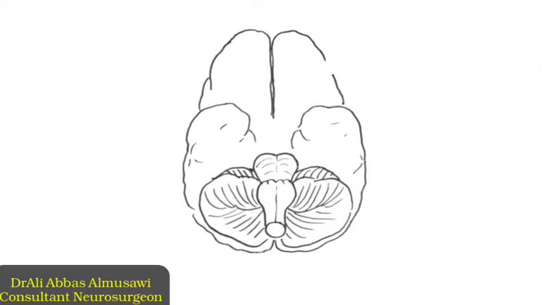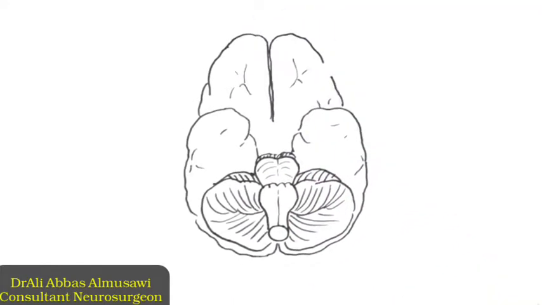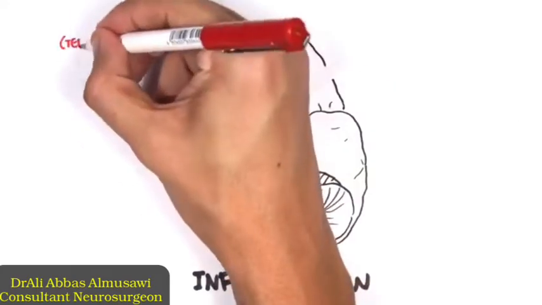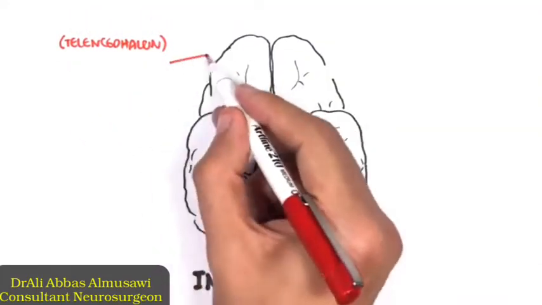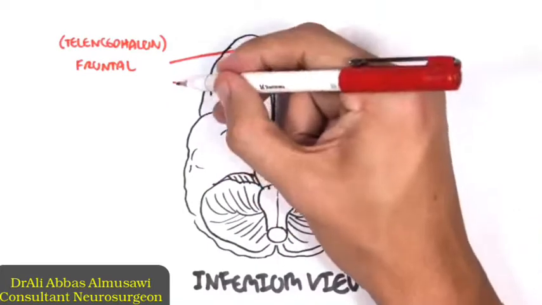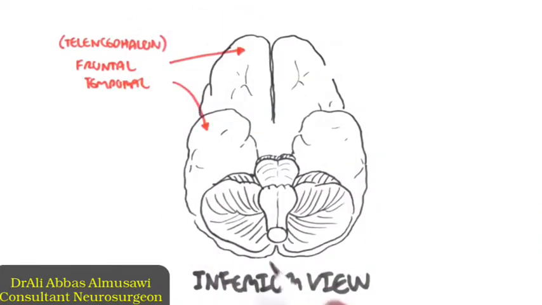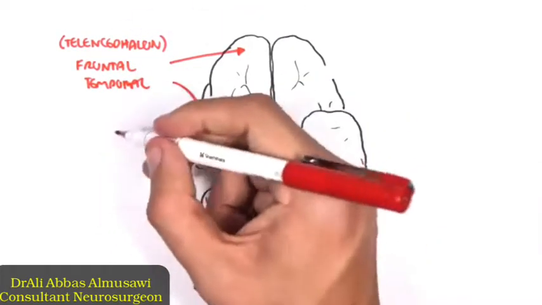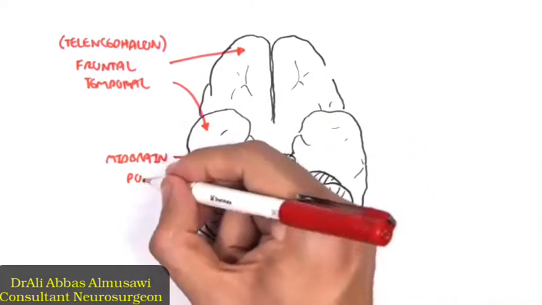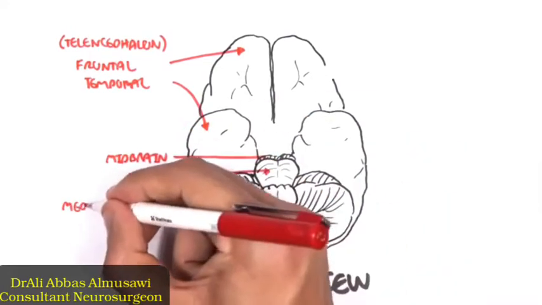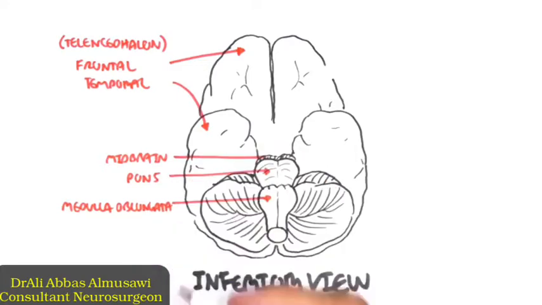Now let us look at the brain from an inferior view. So the inferior view of the brain, you can see the telencephalon, your cerebral cortex, and you can see the frontal lobe here and the temporal lobes on the sides. Then your brainstem, which is made up of your midbrain, your pons, and your medulla oblongata. This is your cerebellum.